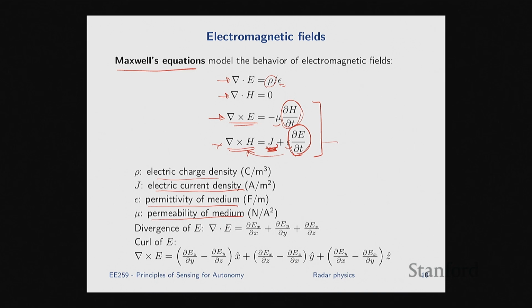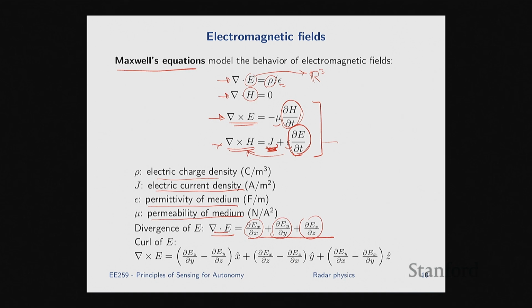And just to remind ourselves, what are the divergence and the curl? These are just from calculus. Remember, E and H are vector fields, so these are fields in R3, and they have an x, a y, and a z component. The divergence of E is a scalar value, which is just the sum of the 3 partial derivatives of E with respect to x, y, and z.